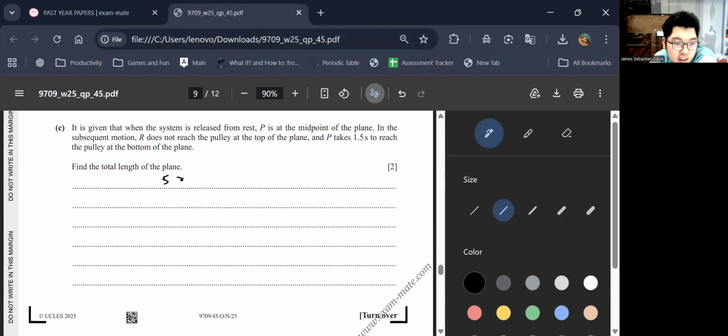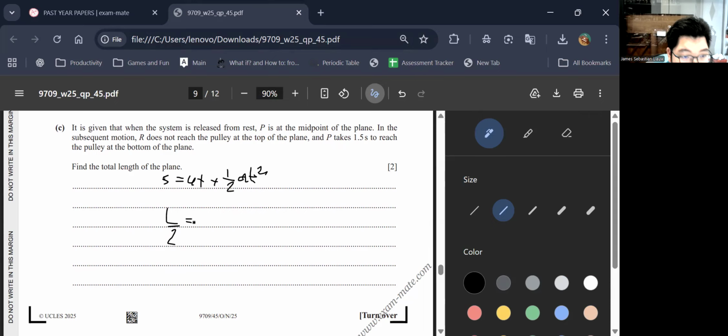And so we write that S is ut plus half at squared, which is the distance traveled by P. S, the distance traveled, is half of the length of the plane, because P originates at the midpoint.